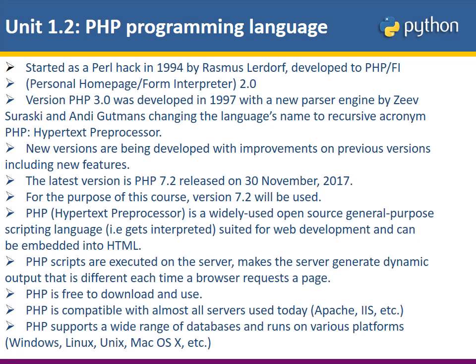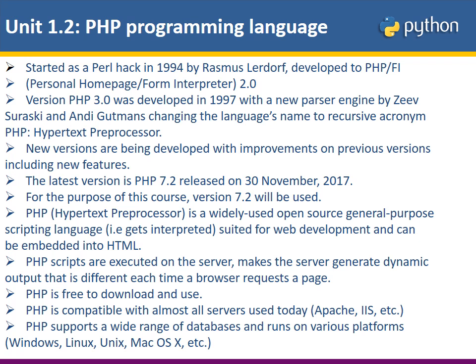PHP 3.0 was first developed in 1997 with a new parser engine by Zeev Suraski and Andi Gutmans.